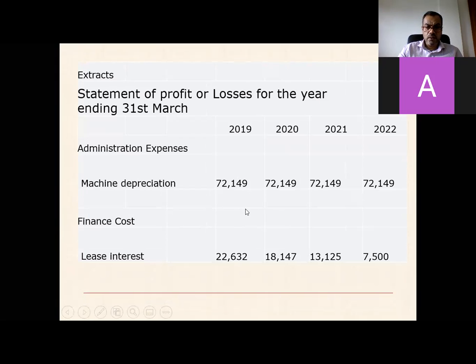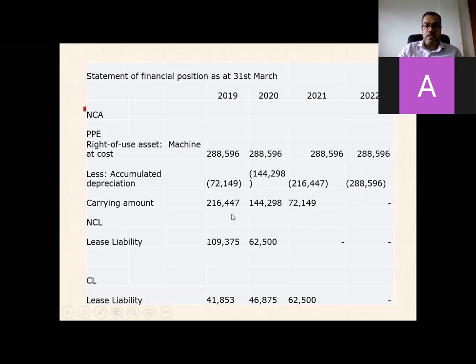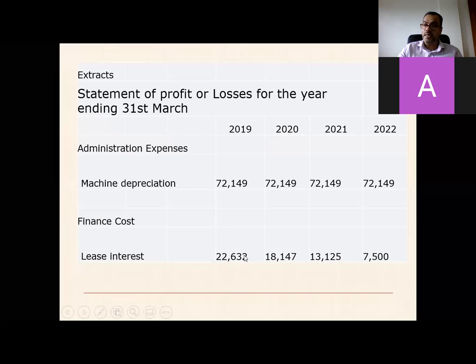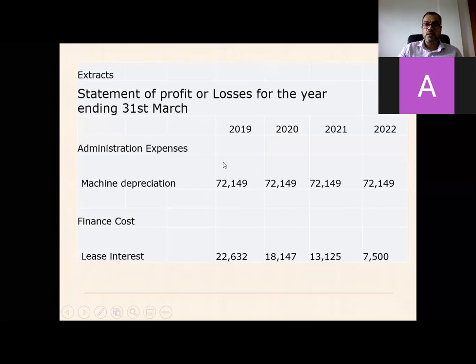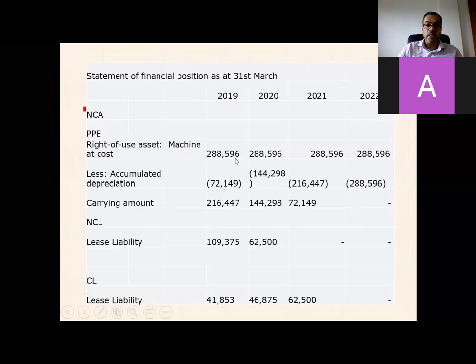Once you deduct that, in this case we are talking about the end of 2019. So the 2019 interest component was this much. That has been already paid. It's gone. Now at the end of the year 2019, your carrying amount is not 288 but 216.